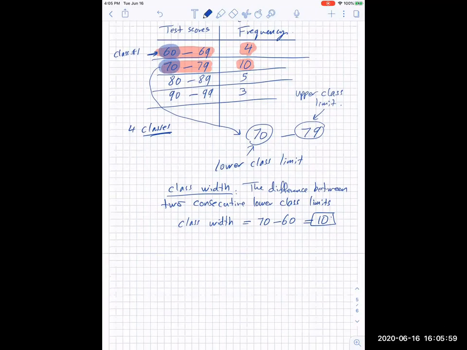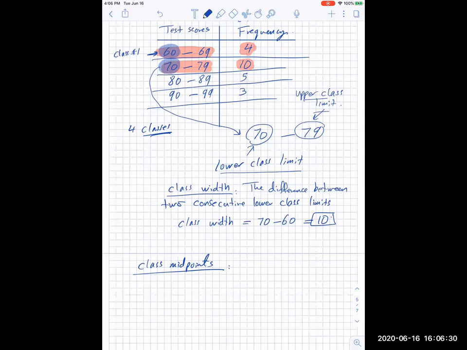Okay. So we have lower limits, upper limits, we have class width. We also have something called the class midpoint. These are things that you need to know, guys, about frequency distributions or frequency tables. Okay, class midpoint.